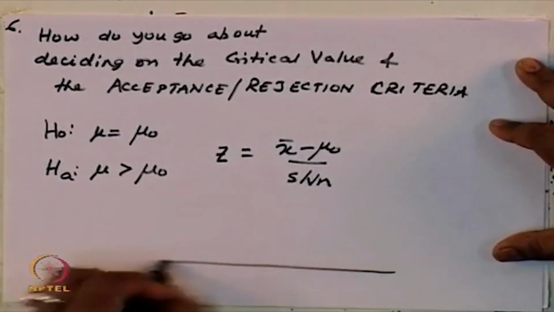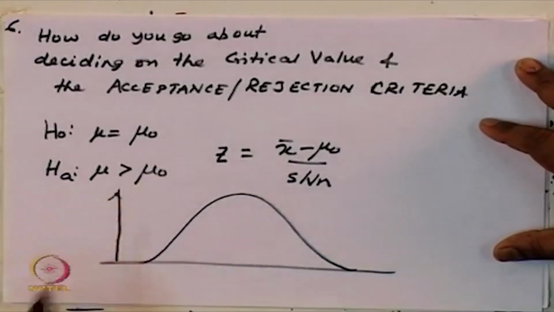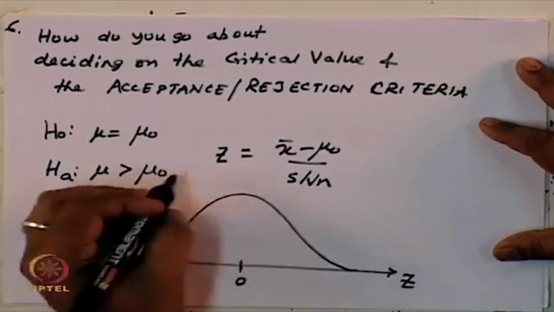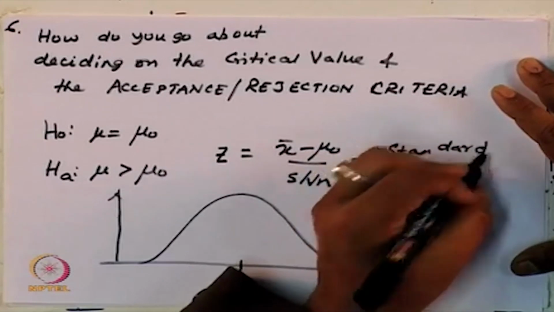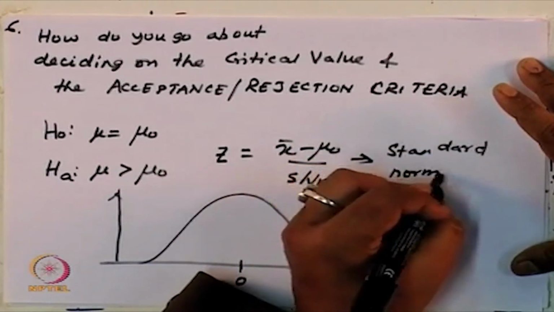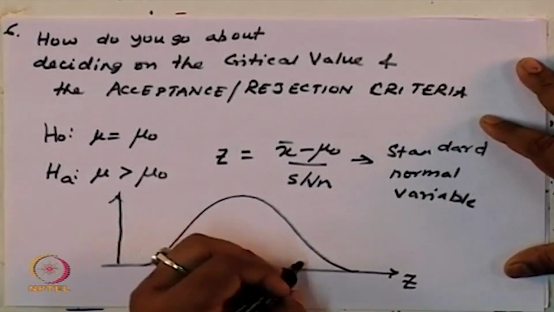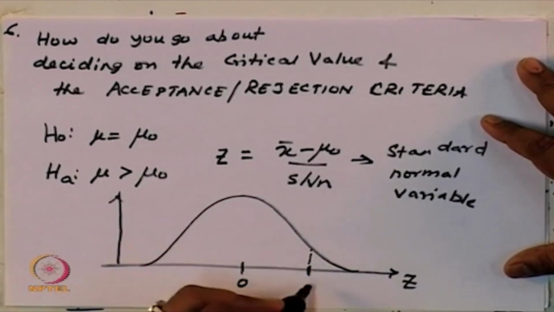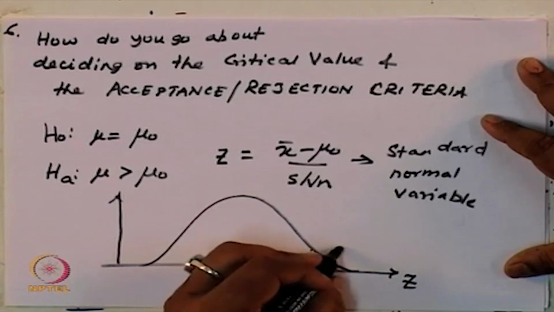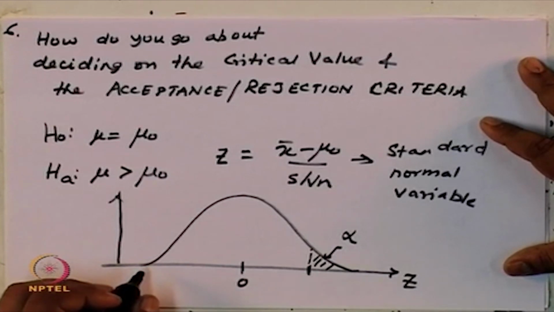So, if I were to draw the whole curve, this is my 0, since I am plotting Z, a standard normal variable. So, I can say that if my Z is more than a certain value, this is the probability, so let us call this alpha, the significance level of rejection.